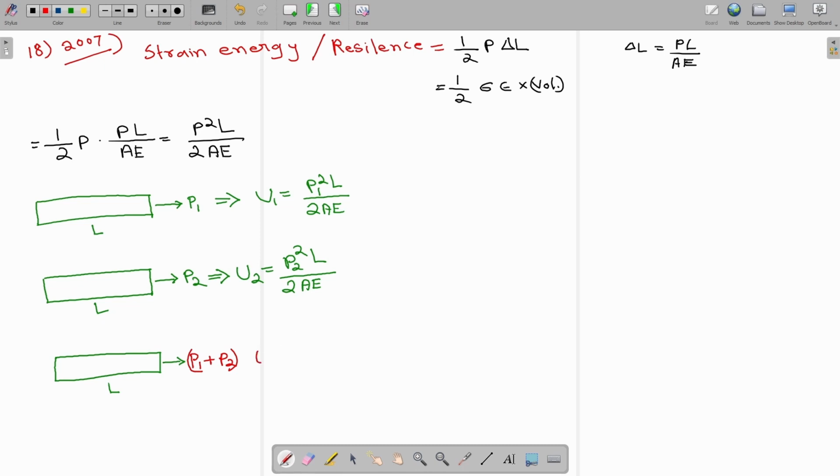Therefore, the strain energy produced will be P1 plus P2 whole square L by 2AE.